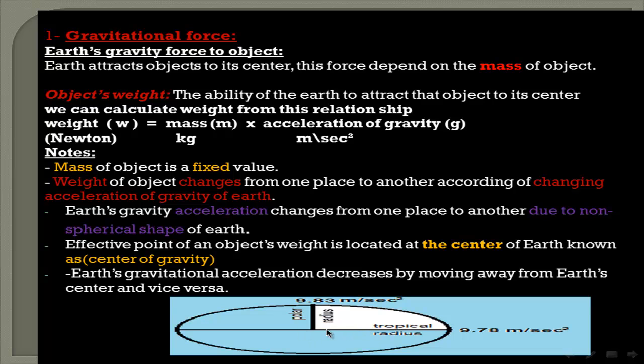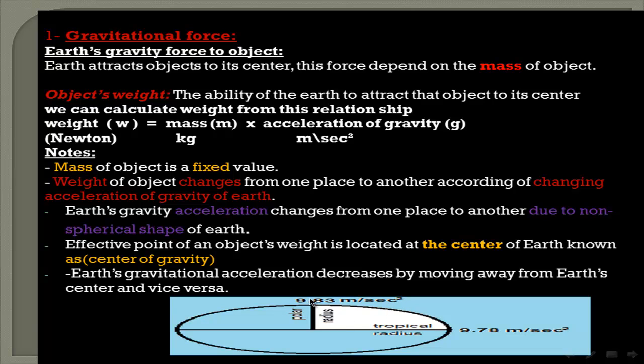This area is called the tropical radius, and in this area the gravitational acceleration of any object is equal to 9.78 meter per second square. This area is called the polar radius, and the gravitational acceleration here for any body is 9.83 meter per second square.